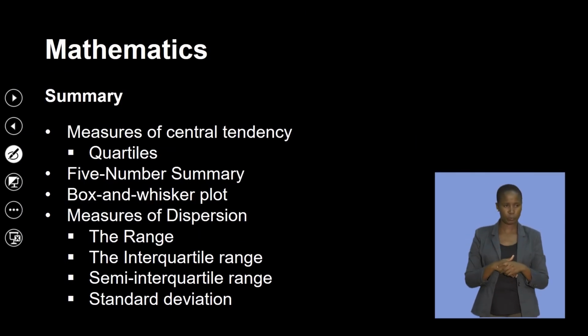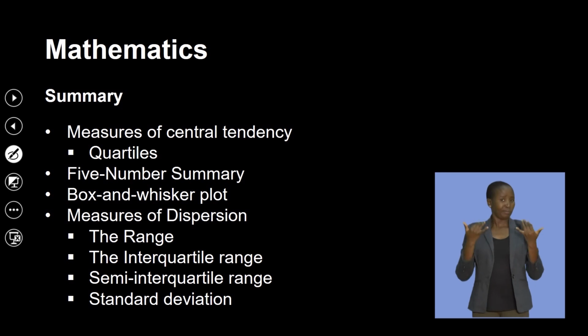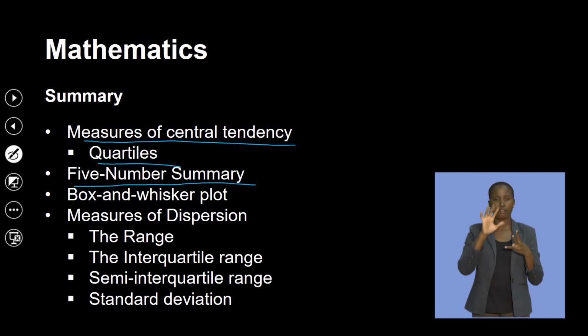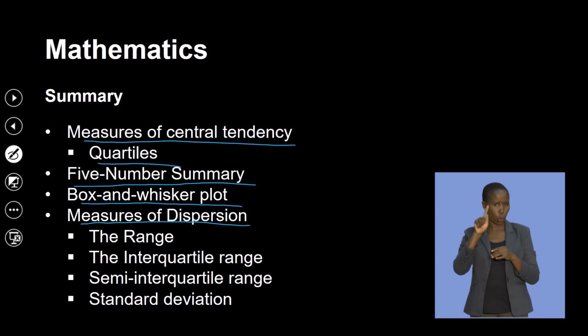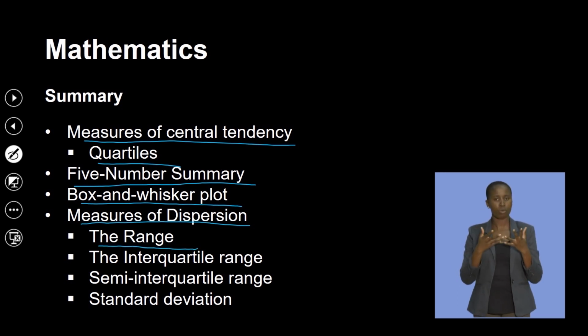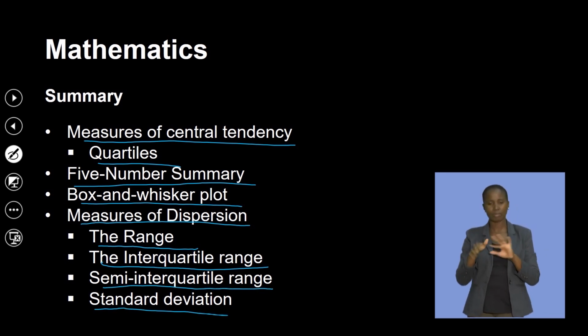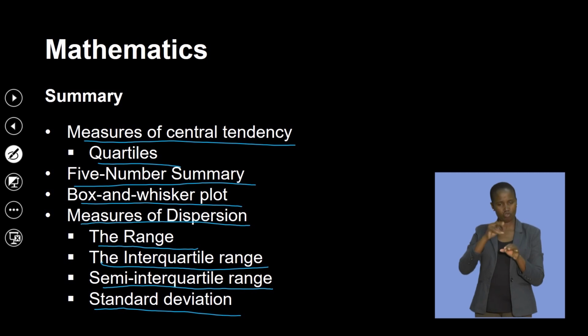So what we looked at, guys, this is our summary. We looked at measures of central tendency, quartiles, 5-number summary, box and whisker plot, measures of dispersion: range, interquartile range, semi-interquartile range, and standard deviation, which is a powerful measure of dispersion.